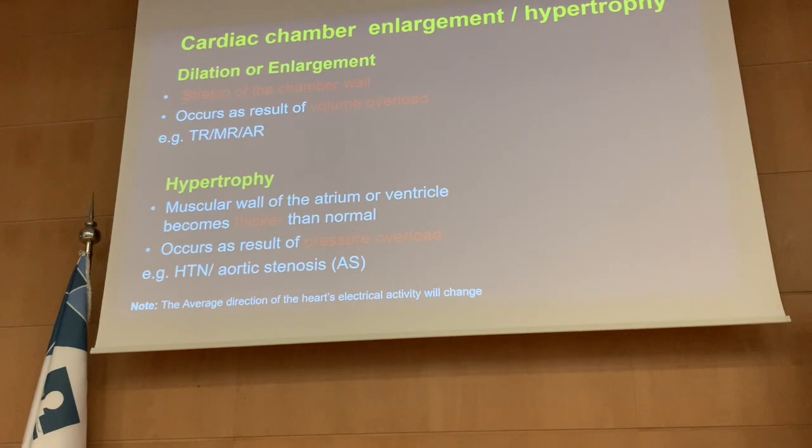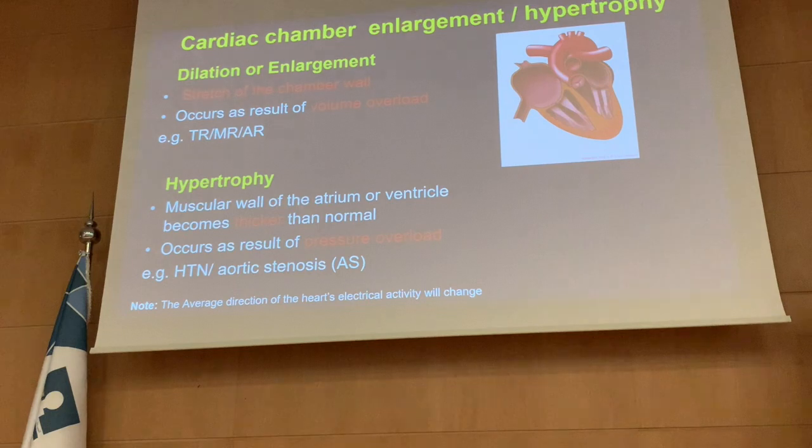This all means dilated cardiomyopathy. But hypertrophic cardiomyopathy is either hypertrophic cardiomyopathy, which is genetic, or aortic stenosis, or hypertension. So here the wall is thick, but the cavity will be small or even normal. So this is the difference between hypertrophy and enlargement.